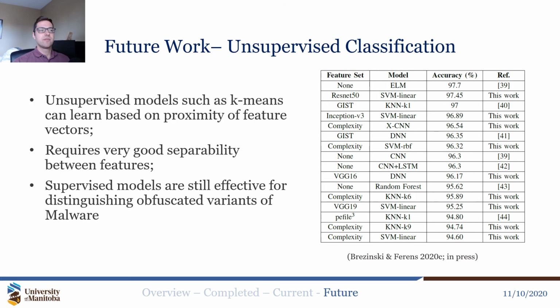But one of the benefits of unsupervised models, such as k-means, is that it learns based on proximity of feature vectors. So what that in effect is saying is, if I have behavior over time of benignware, whatever those features are, it tends to cluster in some place in vector space. So it clusters together in whatever that dimension of vector space is.